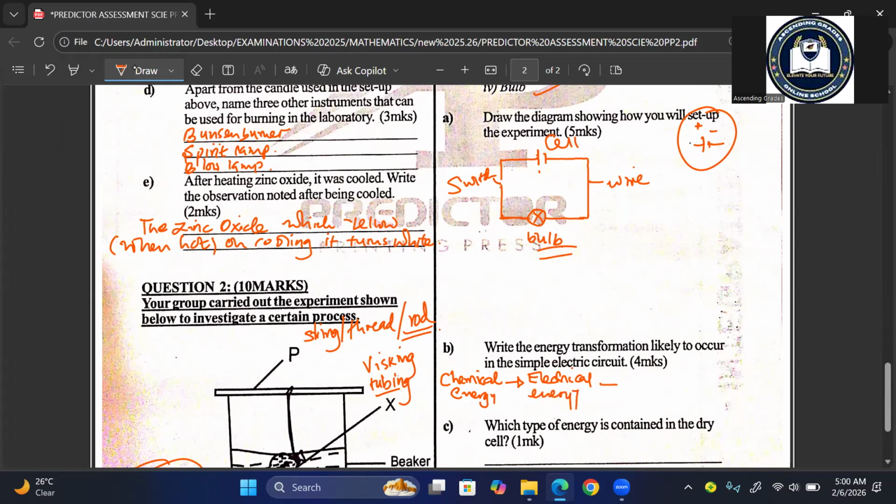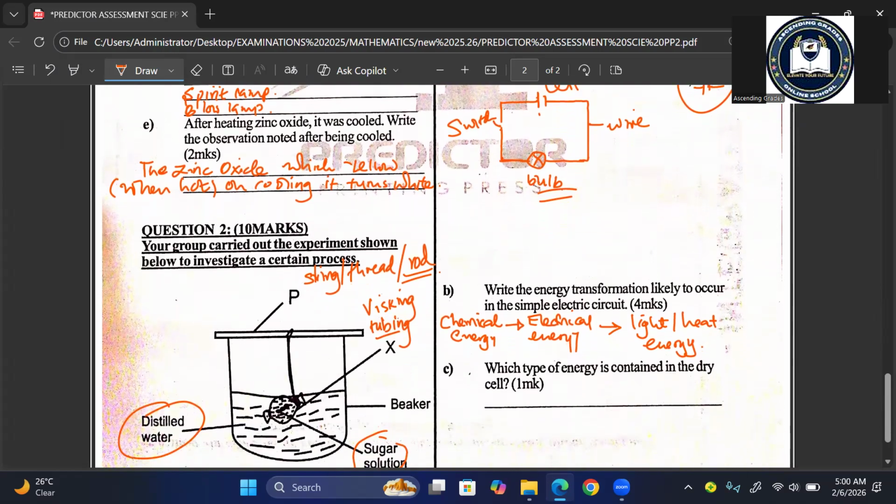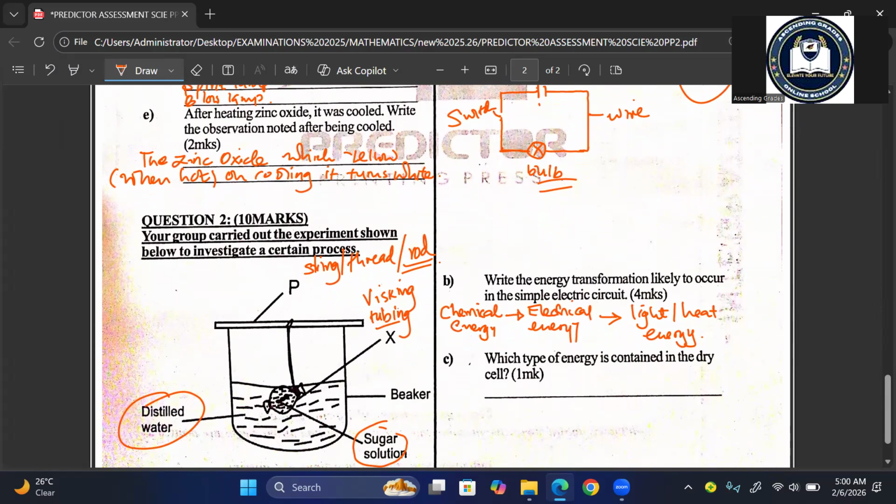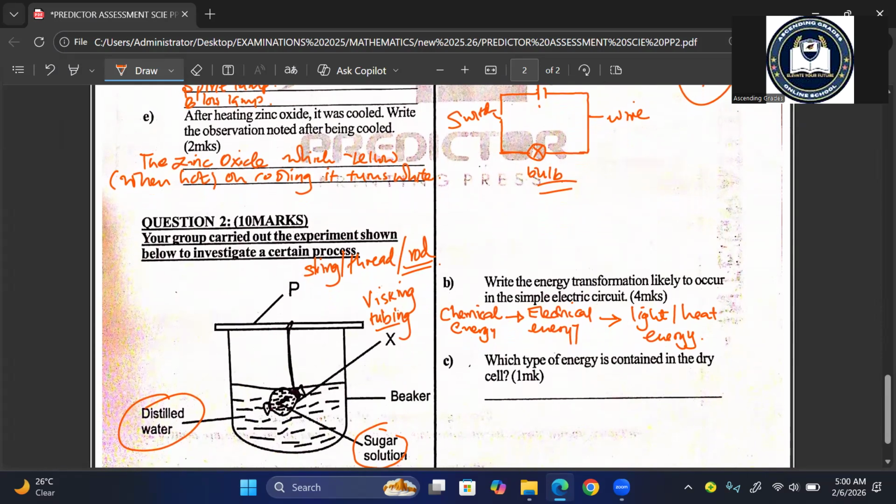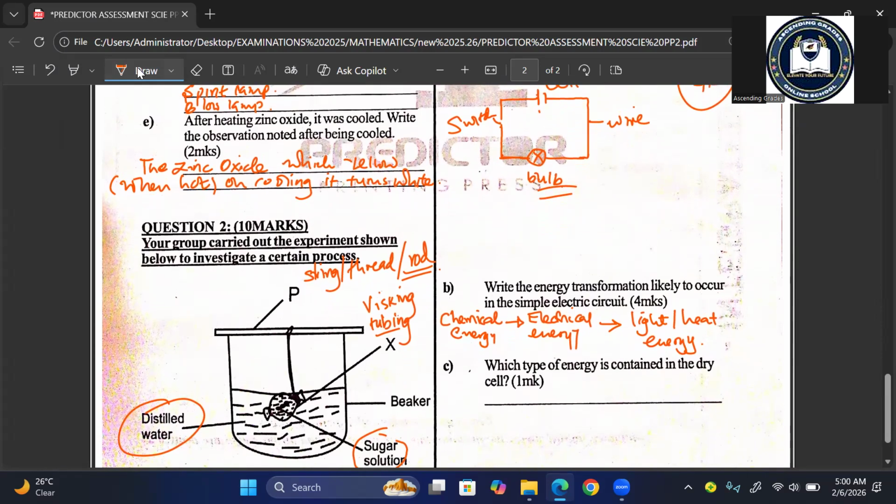And once it reaches the bulb it can produce light, and at the same time, it can produce heat energy. So this will be the energy transformation. If you look at part C, it is asking which type of energy is contained in the dry cell. In the dry cell, we know that it is chemical.